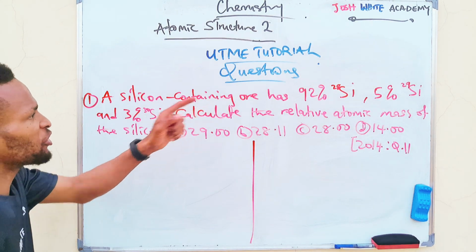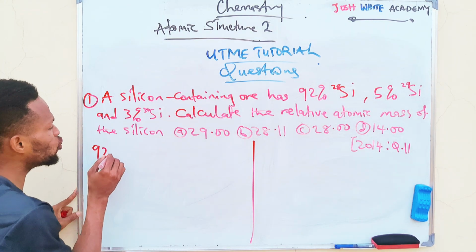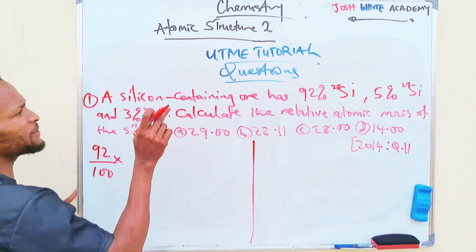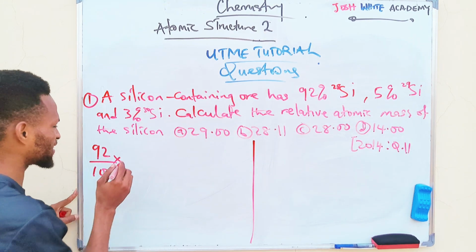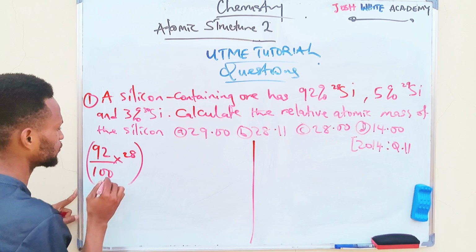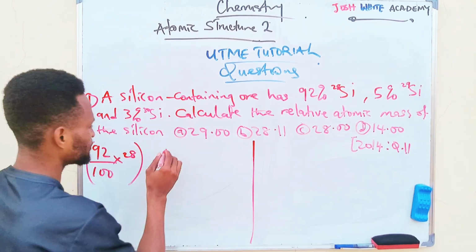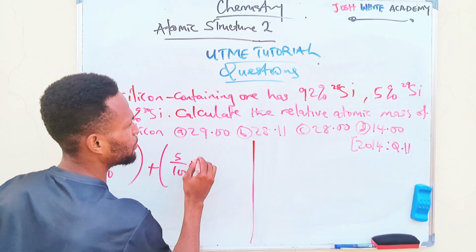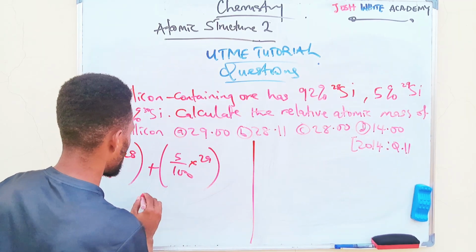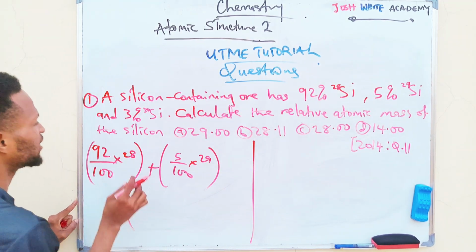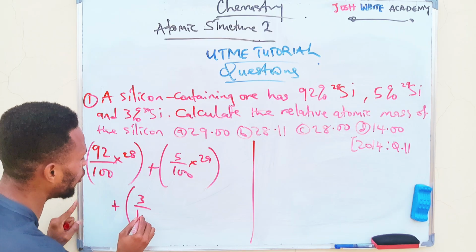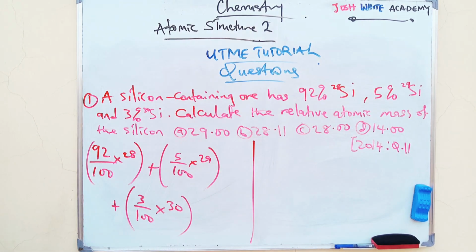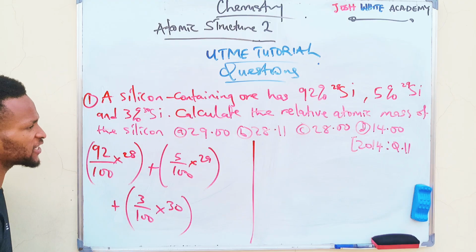So, for the first one is 92%, that's over 100, multiplied by 28, plus 5 over 100, that's the second one, multiplied by 29, plus the third one, 3 over 100, multiplied by 30.